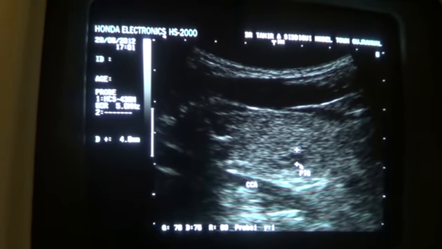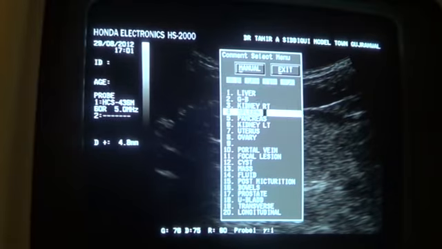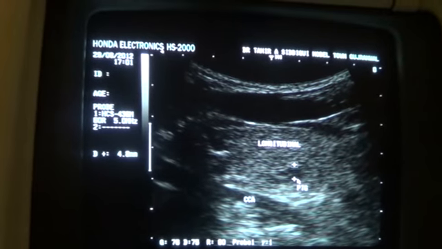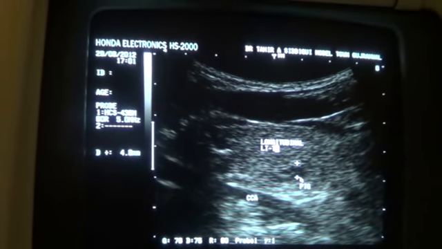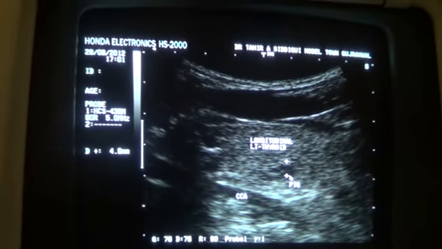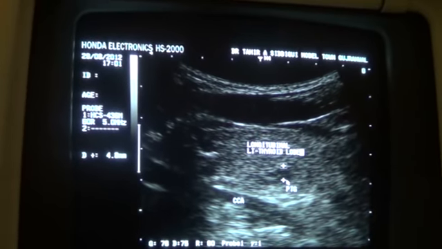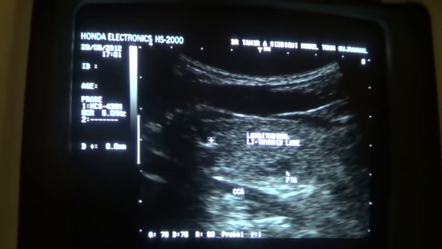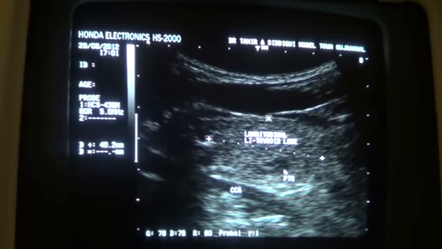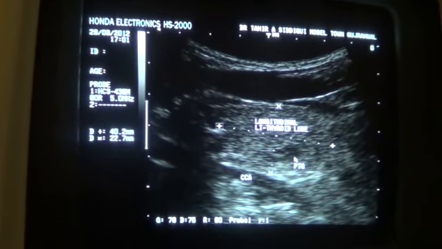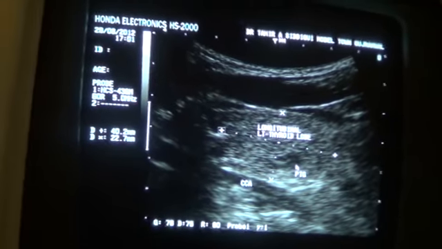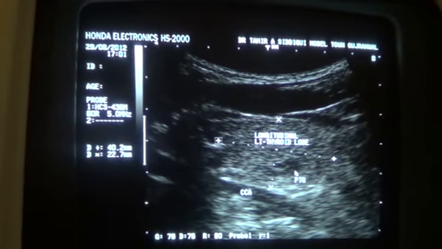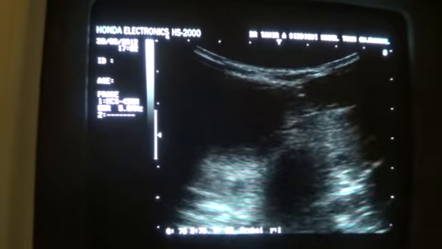Yeah, 4.8 millimeters is the size, and this is the longitudinal section of the left thyroid lobe. Its dimensions are normal. It measures 4.0 into 2.2 centimeters.